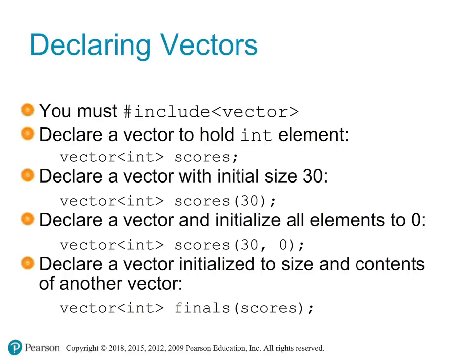This declares a new vector finals and initializes it to have the same size and contents as the existing scores vector. So here in the round parentheses, we pass the scores, which is the vector we declared before.